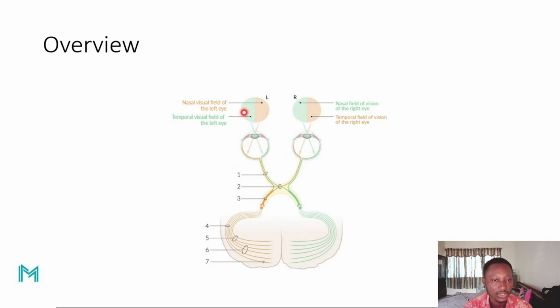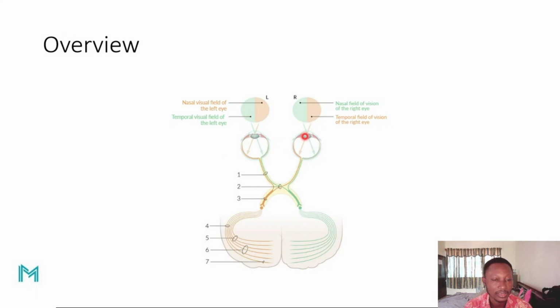So each eye has in its visual field the temporal visual field and the nasal visual field. So nasal, temporal, but each of these can also be named as the right and left visual field. So for the left eye, the right visual field is here, which is also known as the nasal visual field, and its left visual field is also known as the temporal visual field.